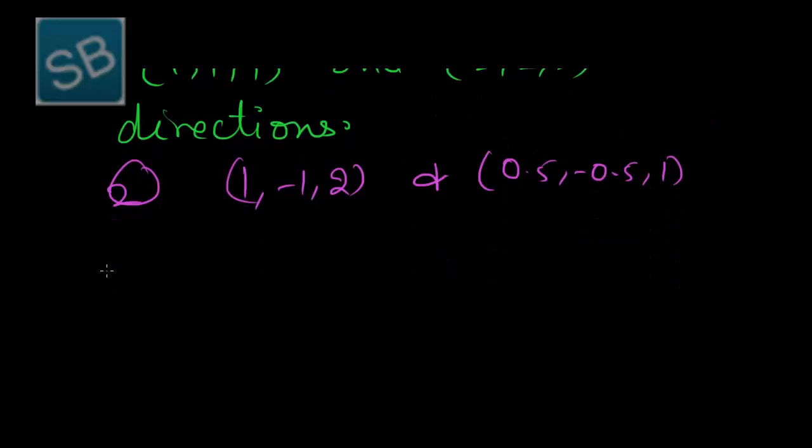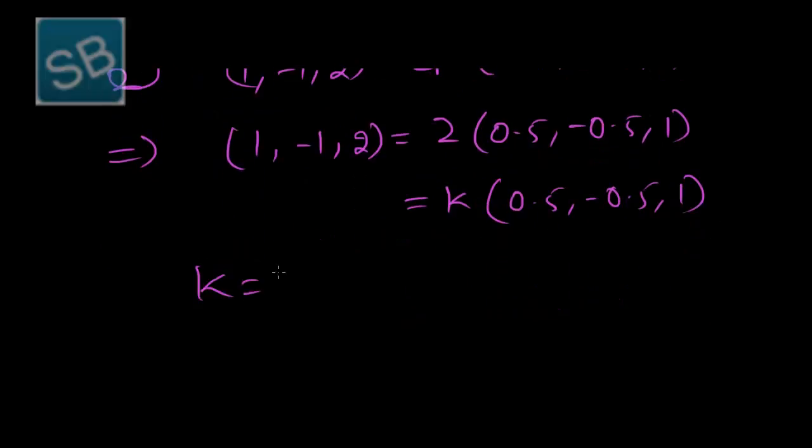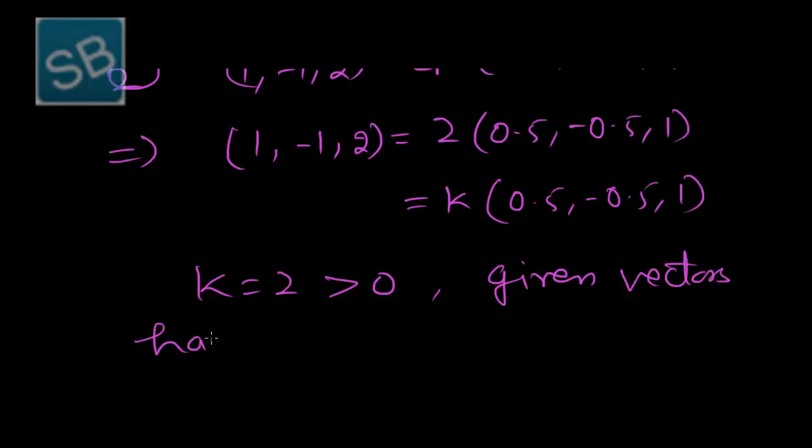In this case, 1, minus 1, 2 can be written as 2 times 0.5, minus 0.5, 1, that is k times 0.5, minus 0.5, 1, where k is equal to 2, greater than 0. So by the first condition, the given vectors have the same direction.